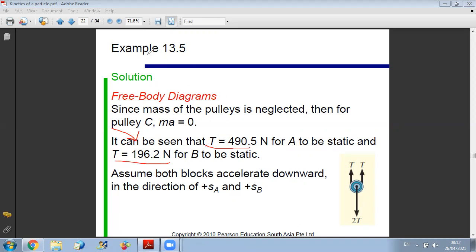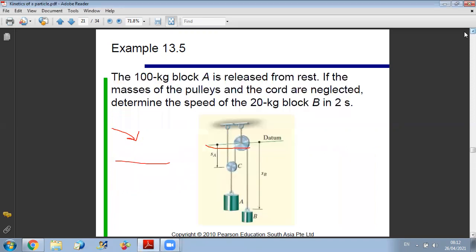Here, for example, you have that the weight of A is 100 kilogram, while the weight of B is 20 kilogram. Okay, so here, who do you think will be able to drive motion, A or B? So the system will go, A will go down or up?